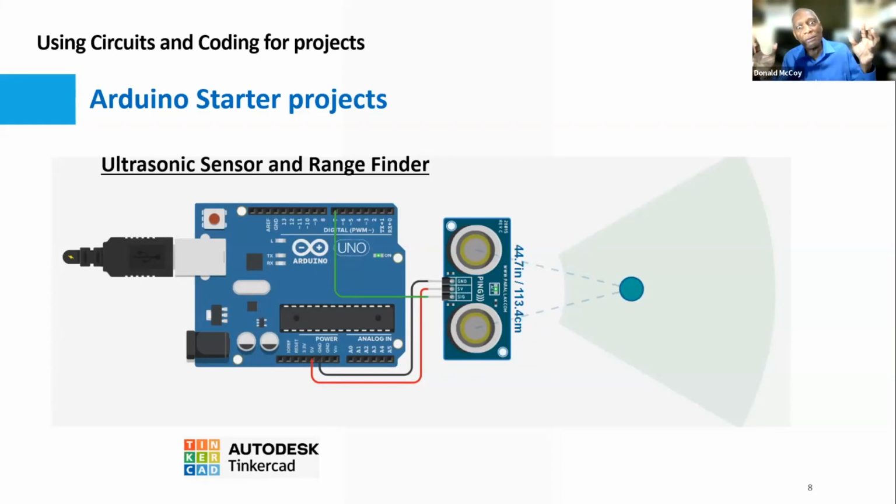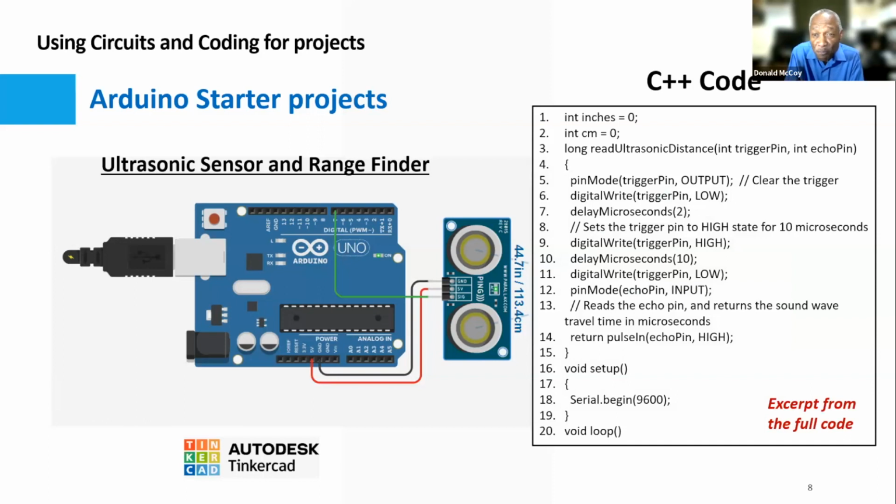I mean, it's a whole plethora of those. So using this one here, you can actually see the distance. As you can see here, it's giving you the distance at 44.7 inches or 113.4 centimeters. But this is the key. They give you the free code right there that you can start with and then begin operating immediately.